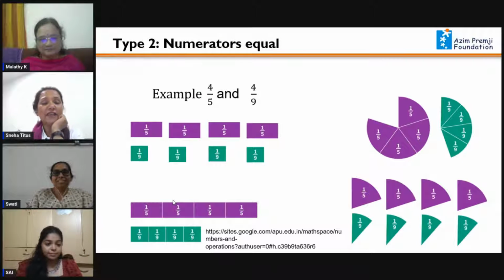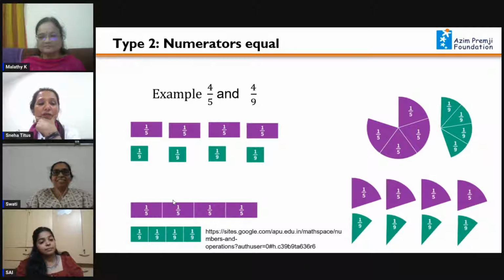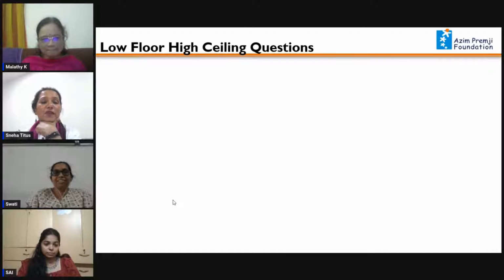And here we have type 2 with the numerators equal, 4 by 5 and 4 by 9, again with strips and sectors. So we have low floor, high ceiling questions. What are they?